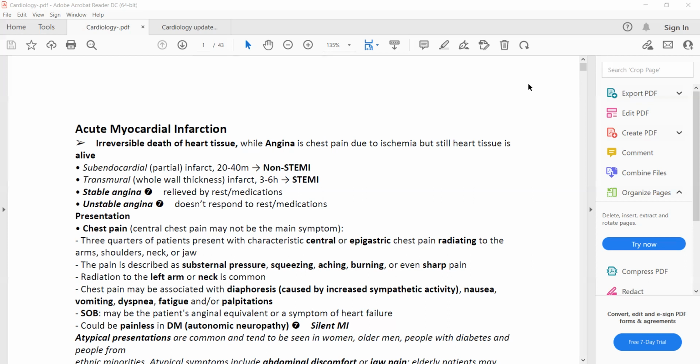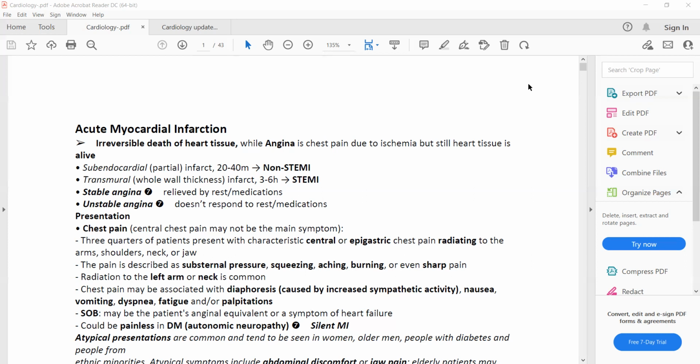So acute coronary syndrome consists of three diseases. One is ST elevation MI, the other is non-ST elevation MI, and unstable angina. To differentiate between ST elevation MI and non-ST elevation MI, we require an ECG. So the most appropriate initial step in the management of a patient who presents to you with central chest pain is a 12 lead ECG.